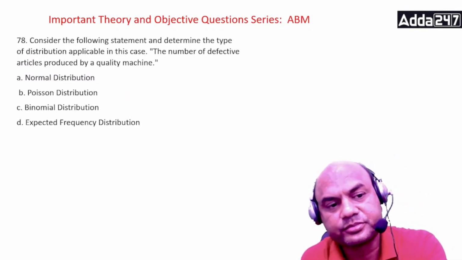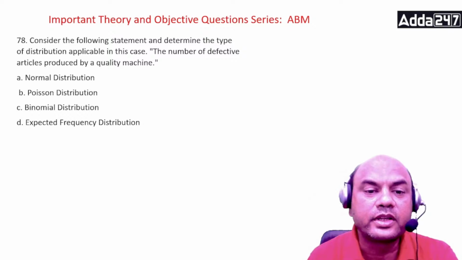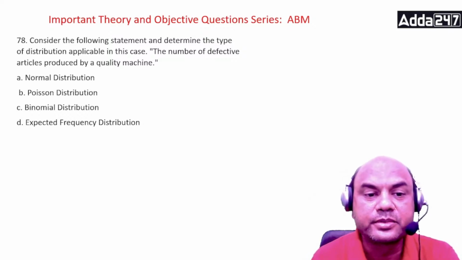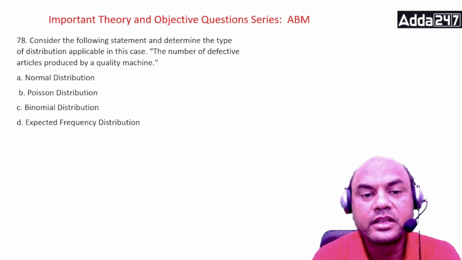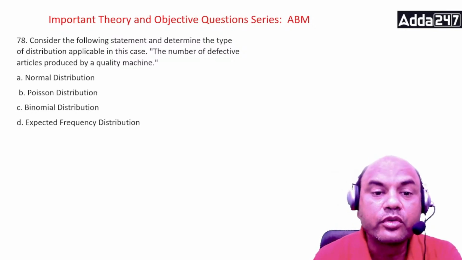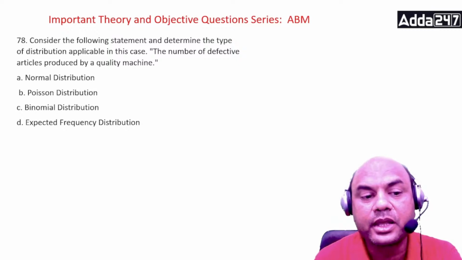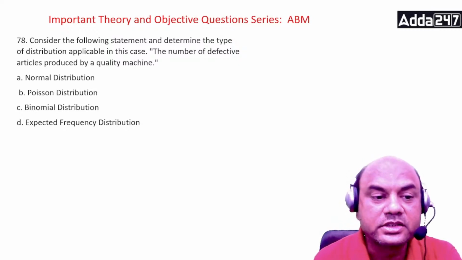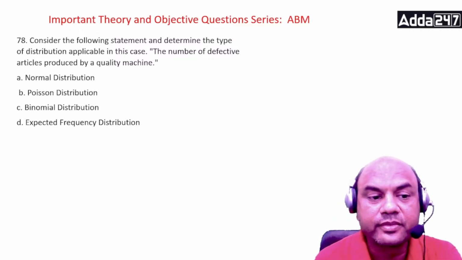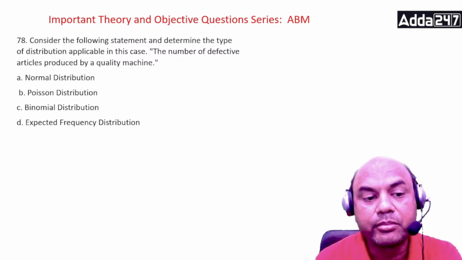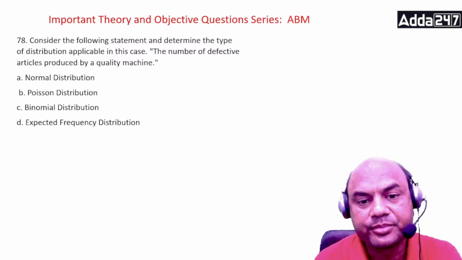Got it? Consider the following statement and determine the type of distribution applicable in the case. The number of defective articles produced by a quality machine. So which type of distribution will be applicable over here? Normal distribution, Poisson distribution, binomial distribution, or expected frequency distribution?